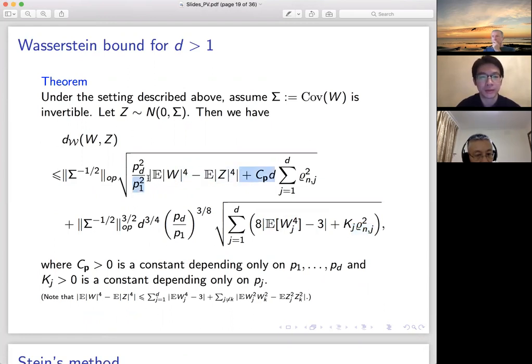And for the multidimensional problem, we also had this additional term, which not only needed the fourth moment of each component to converge to 3, but also needed the expectation of Wj squared Wk squared to be close to the expression for the multivariate normal.